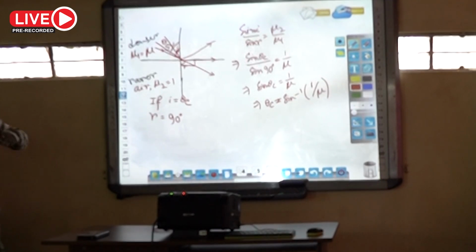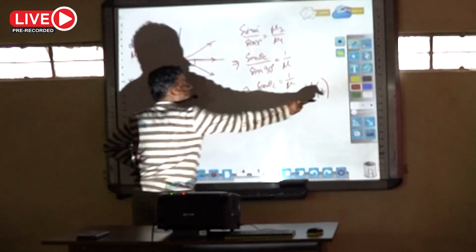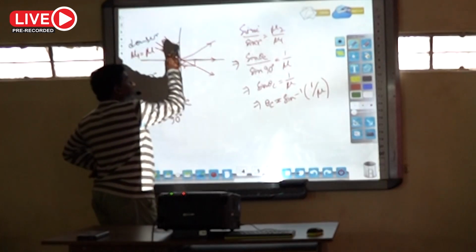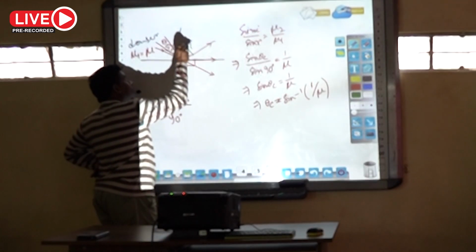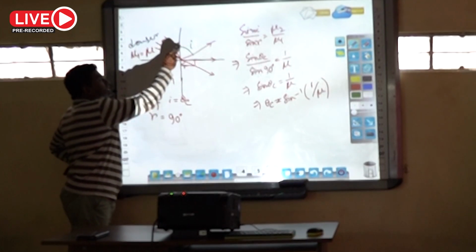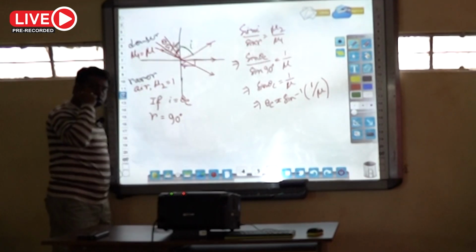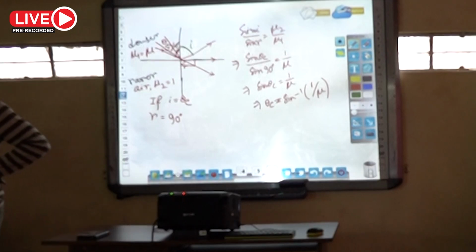From the boundary, the light ray will bend inside the denser medium as if by reflection. And the law of reflection is again obeyed by this light ray. Means if you calculate for this light ray, this angle of incidence is I, greater than the critical angle. This angle of reflection is also equal to I. That is I equal to R. The law of reflection is again obeyed by the light ray.